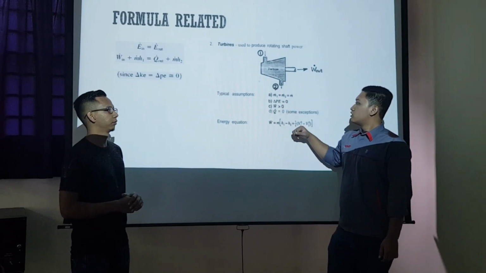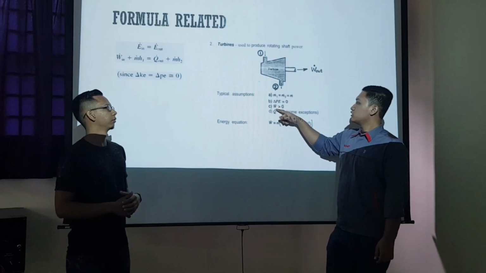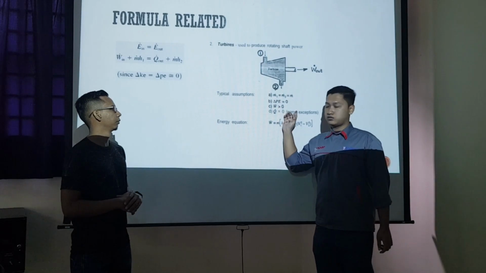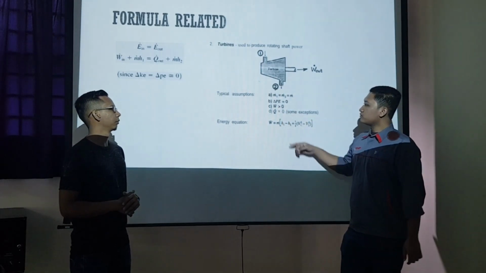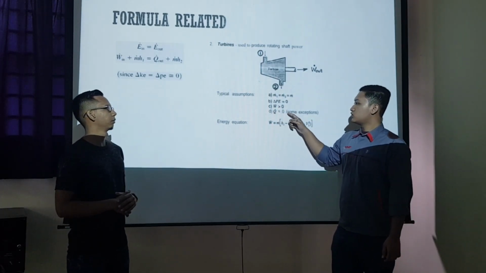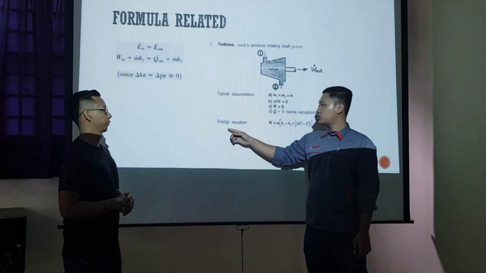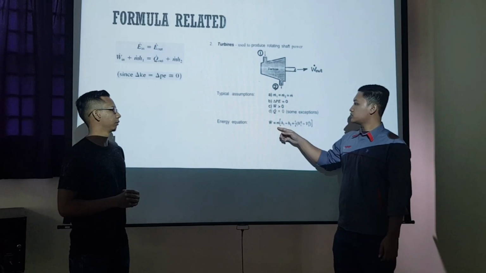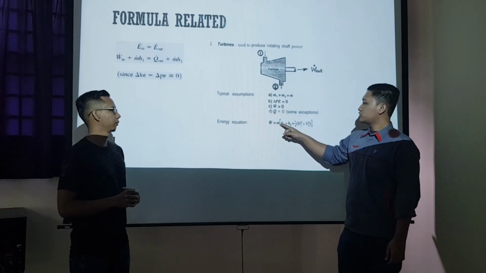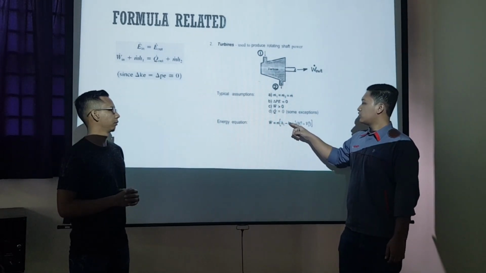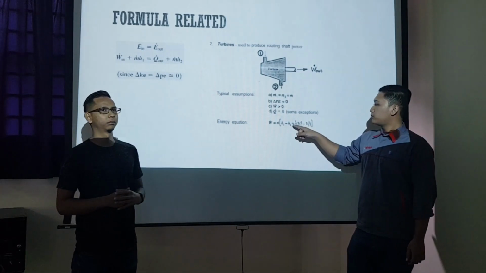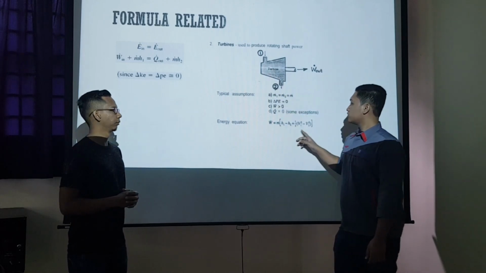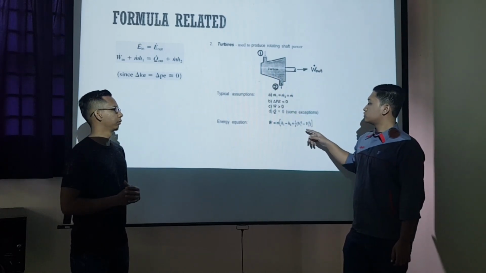Third, rate of work is more than 0. Except as an exception, rate of heat equals 0. The energy equation is rate of work equals the rate of mass times the enthalpy 1 minus the enthalpy 2, plus a half of the velocity 1 squared minus the velocity 2 squared.